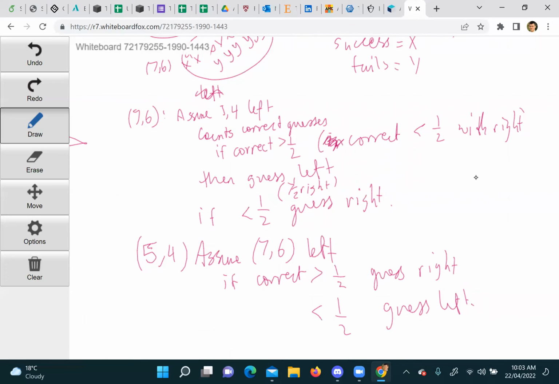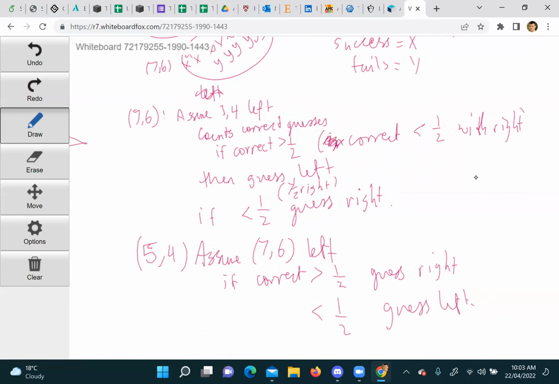So if 7-6 is good with left, then 5-4 is gonna guess left, right? So if you're doing good with left, they're gonna guess left. So you want 5-4 to be doing good with right.